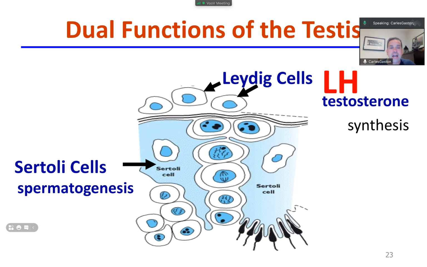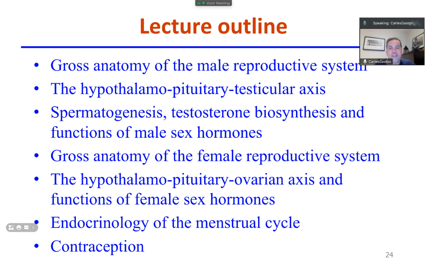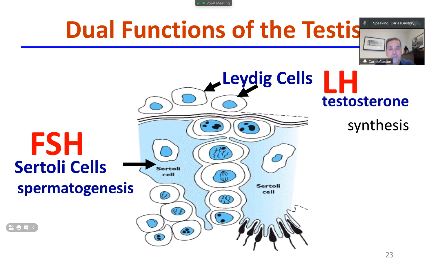The Leydig cells respond to LH, whereas the Sertoli cells respond to FSH. And it is the combination of both that generates a mechanism for the maturation of the final sperm.